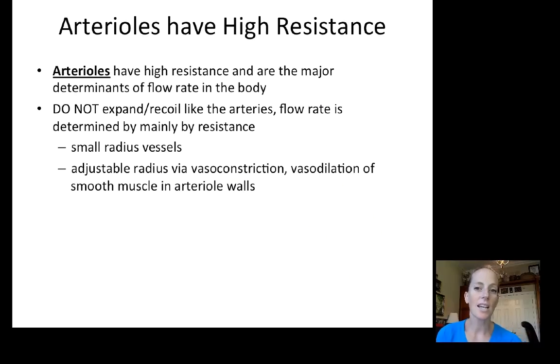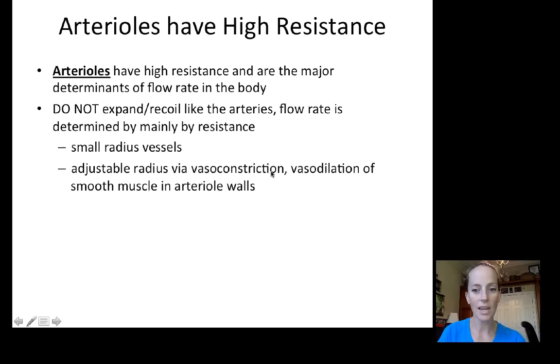And this is mostly done in the arterioles. Arterioles are very high resistance, and they are the major determinants of flow rate in the body. Because they don't expand and recoil like the arteries, their flow rate is determined mainly by resistance. They're small radius, and their radius is adjustable based on sympathetic nervous system input.